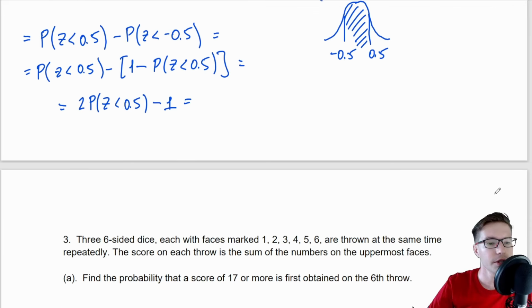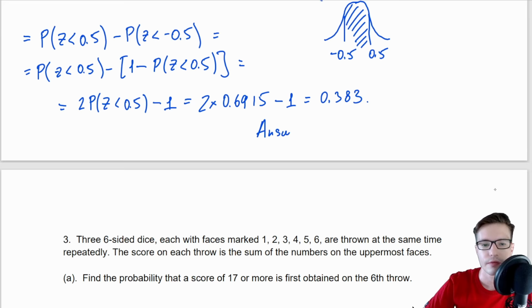Now we can search the probability of z being less than 0.5 in the table for the normal distribution, and we'll get 0.6915 minus 1. Put this on a calculator, and we'll get 0.383. I would say that's going to be the answer.